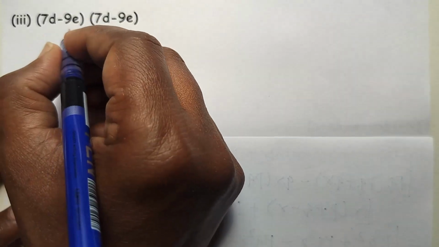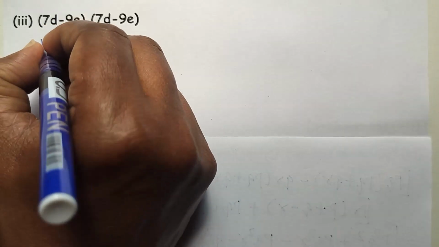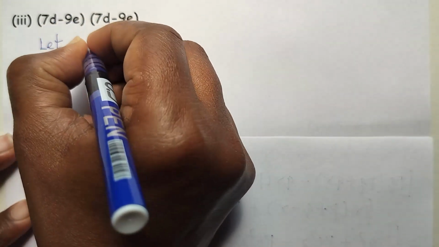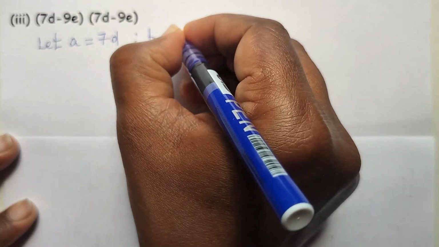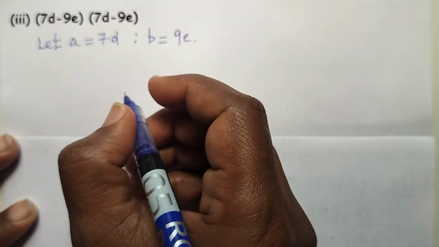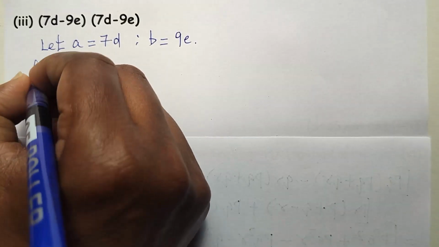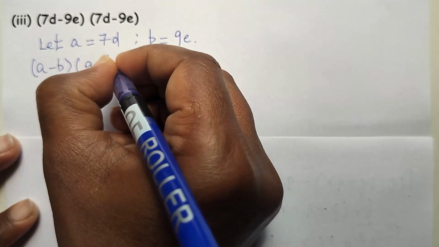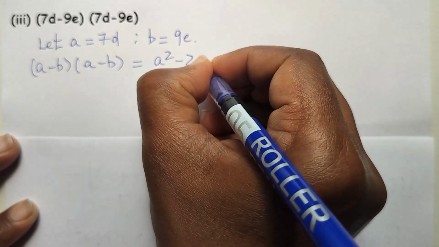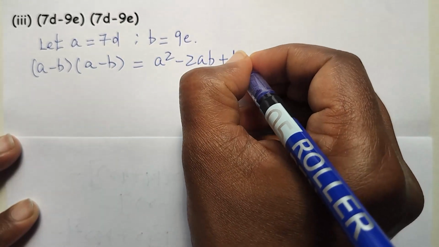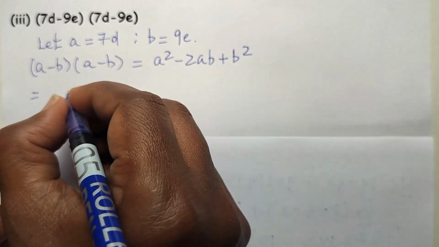Third, (7d minus 9e) into (7d minus 9e). So let a equal to 7d and b equal to 9e here. So it is like (a minus b) into (a minus b). So that will be a square minus 2ab plus b square here. Now substitute the values here.